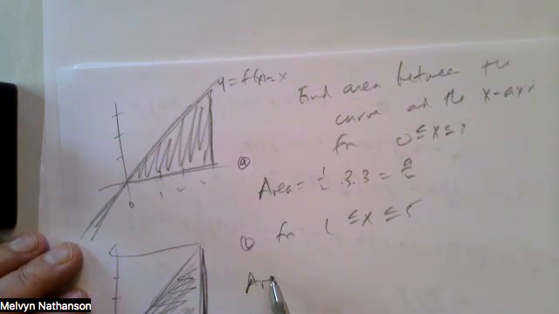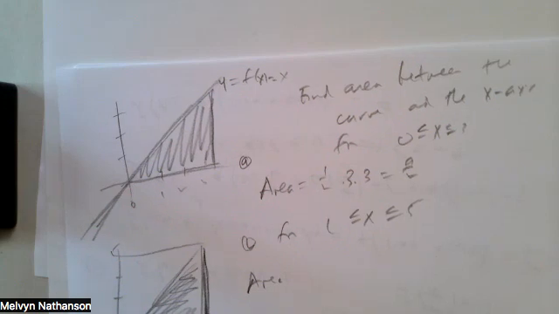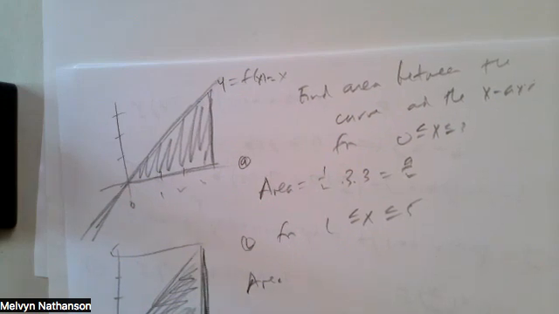And again, you can get the area. It's not the area of a triangle because it's not a triangle. It's not the area of a rectangle because it's not a rectangle, but it has a horizontal base and two sides. This is 1 high and this is 5 high.